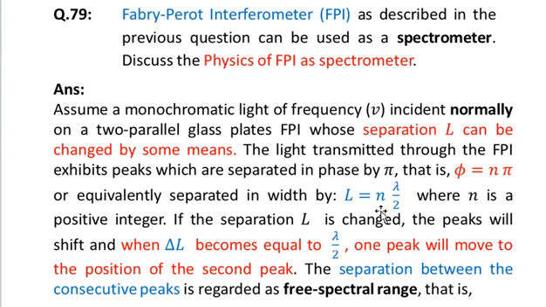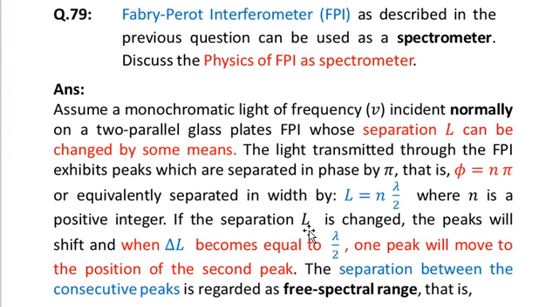So for n equal to 1, the phase difference between the two peaks will be pi, and the length will be equal to lambda by 2. I would suggest that you first read the contents of slide number 78 so that you can also understand these topics, because some of the formulas I am taking directly from the previous slide.